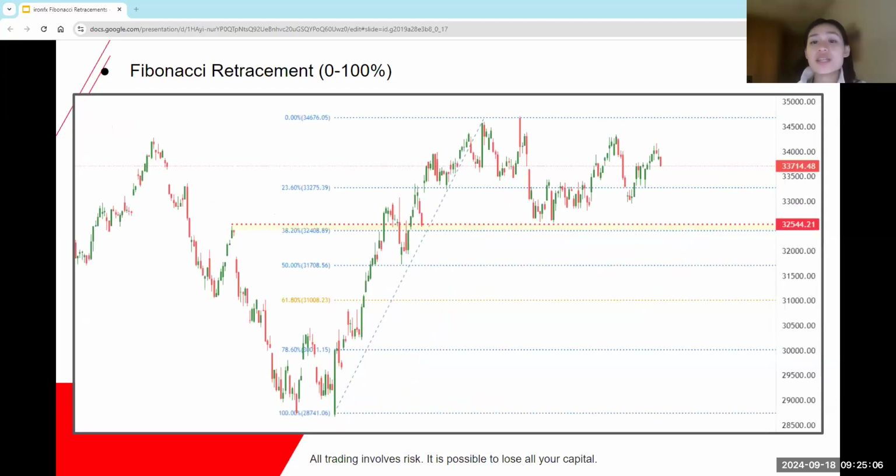Okay, here's another example, but using the 38.2 level. So you can see, take note of where we are connecting it from the swing low to the swing high here. And this is what I mean by using horizontal levels with Fibonacci. So here you can see we have a swing high here, and price kind of bounced off this level as well.